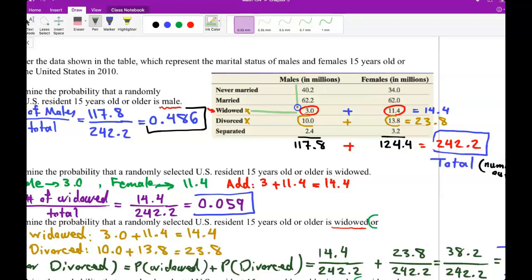See, where is the point of intersection? Is this part. So the point that we have is this one, and the answer is 3. So we have 3 in common. Continue this straight line, and that is female. So the answer would be 11.4 is in common between this group and this group on top.